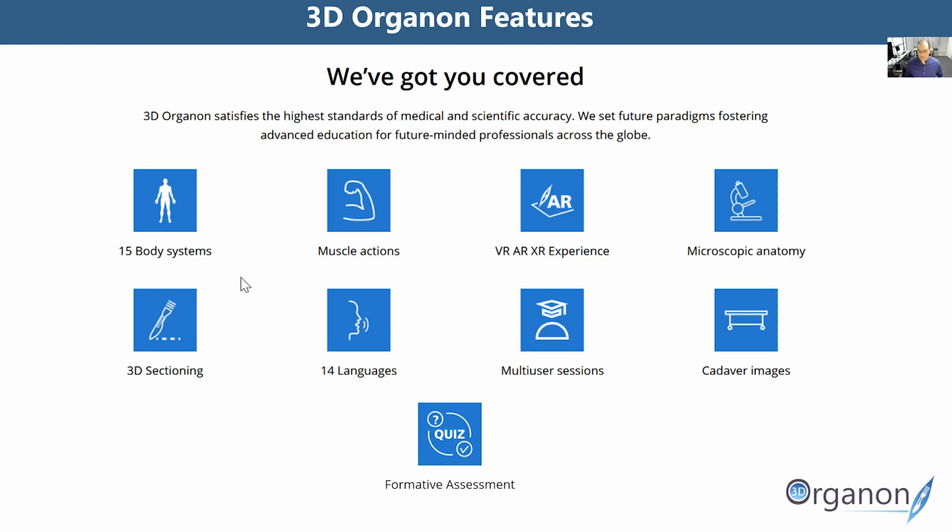Another nice module we have created in 3D Organon is the formative assessment tool. With the formative assessment tool, the students can run USMLE style questions. There are cases, vignettes, and there is a lead-in where they have to find some objective to look up, and the students need to look up the 3D model to identify the right answer.